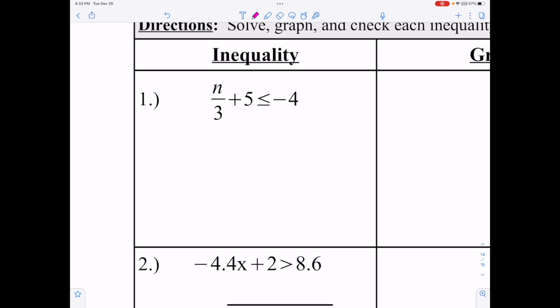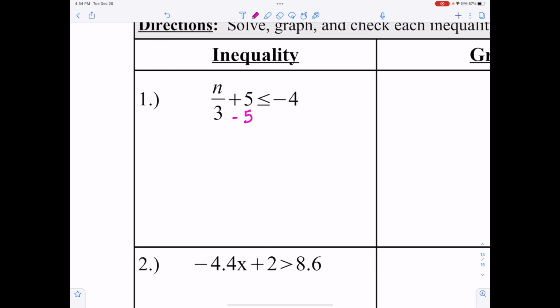So here we go. Let's just solve for n like you normally would. Pretend it's an equation. You just have to remember your rules about multiplying or dividing by a negative. Okay. All right. So here we go. Let's go ahead and solve this out. We have a division and then we have addition. We know that to solve for a variable, we are going to do backwards order of operations.